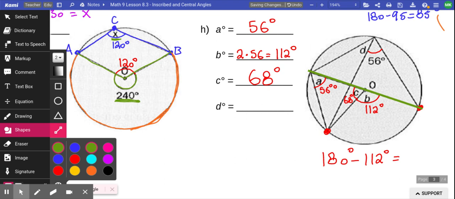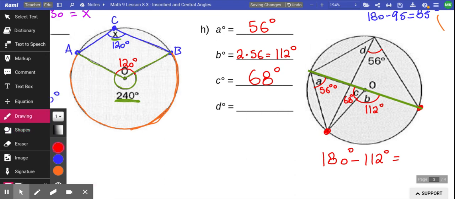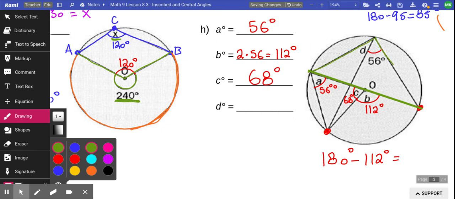If I draw a triangle connecting one end of that semicircle to the other end, it should equal 90 degrees from here and here. Well, I know part of that 90 degrees is 56. If I want to know the other part, I could go 90 degrees, subtract away the 56, and that gives me 34 degrees as my missing angle for D.